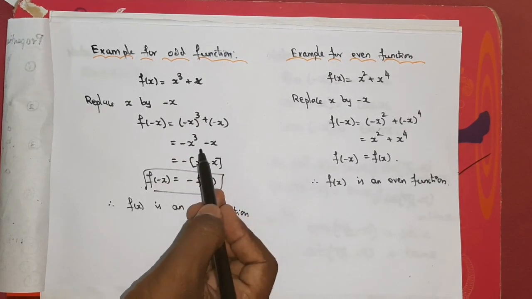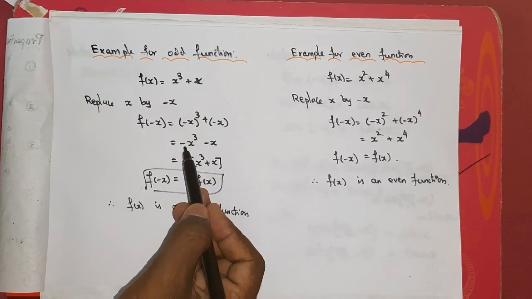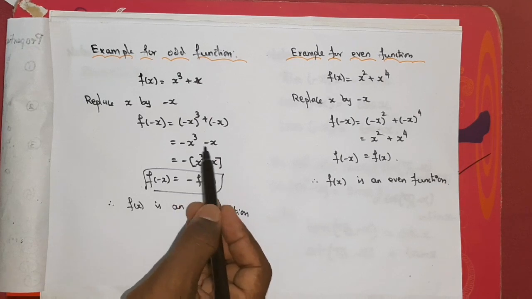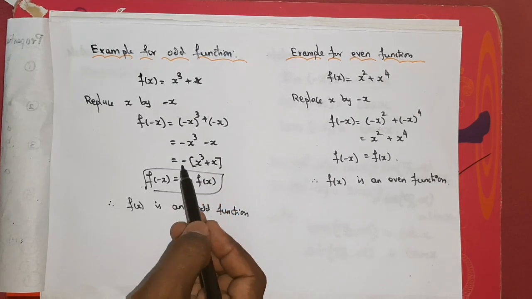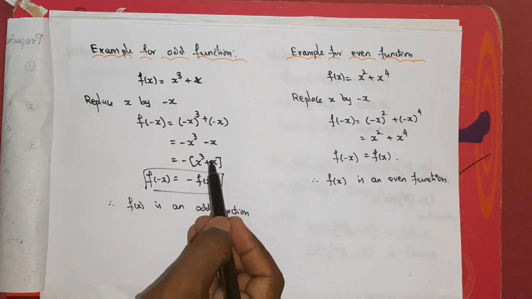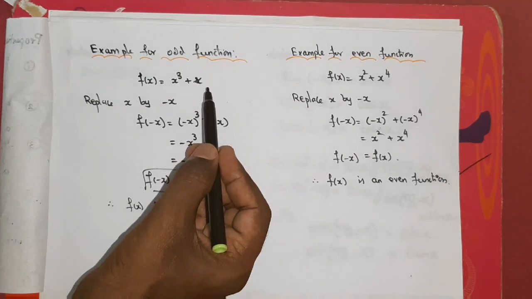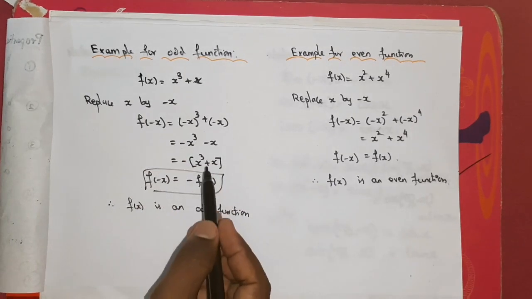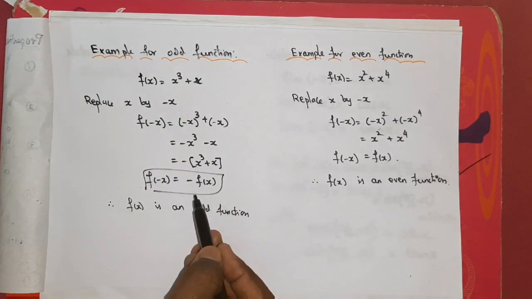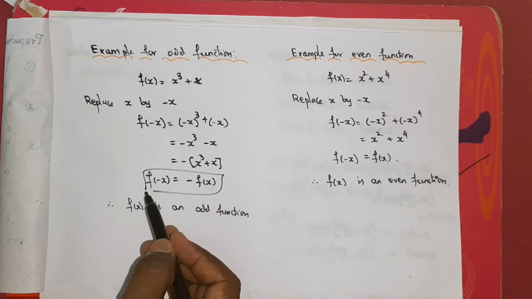Minus x the whole cube is minus x cube. In both terms you have a common minus, so take minus outside and you have x cube plus x. What is this x cube plus x? It is nothing but the given function f of x.